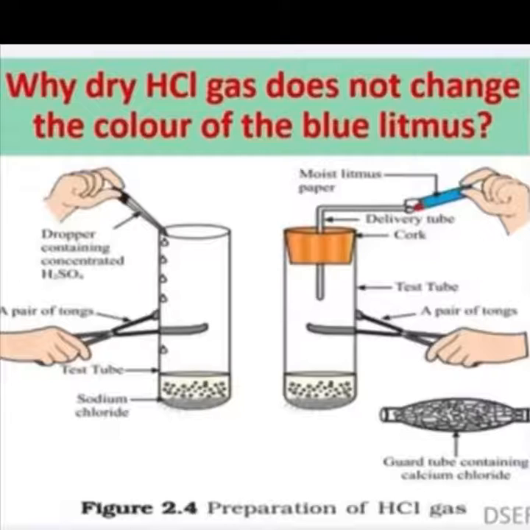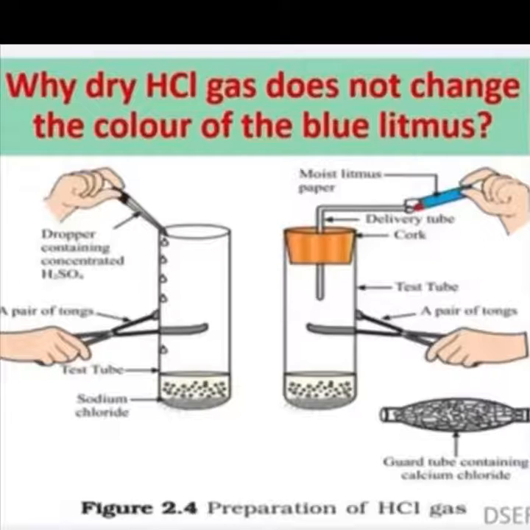No change in color of the litmus paper. If there is no color change, then you can confirm the given solution is dry HCl. Okay. Children, then dip the same litmus paper. Okay. You already put it in dry hydrochloric acid.